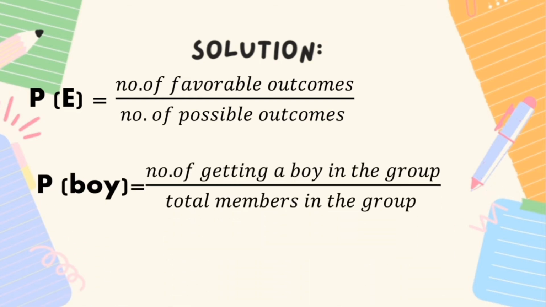The number of favorable outcomes, which is getting a boy, in the group is 8, while the number of possible outcomes would be 17. They are the total members of the group. So, the probability of having a boy in the group is equal to 8 over 17.